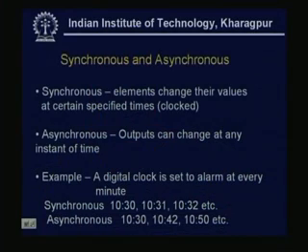And asynchronous means that outputs can change at any instant of time. There is no fixed instant; inputs can be applied and outputs can be produced at any instant of time. One simple example, again the same digital clock. It is set to alarm every minute. Synchronous means at 10:30 it will make a sound, then 10:31, 10:32, every minute it will make a sound.